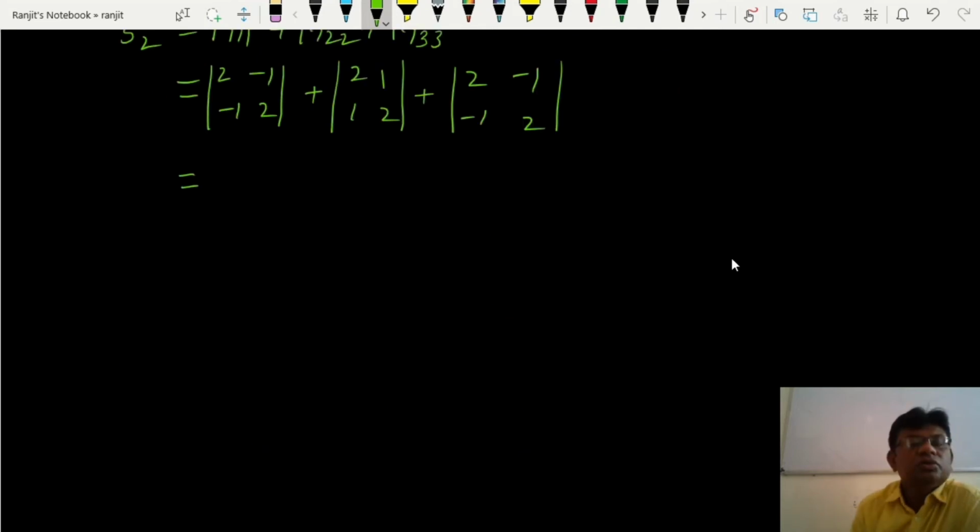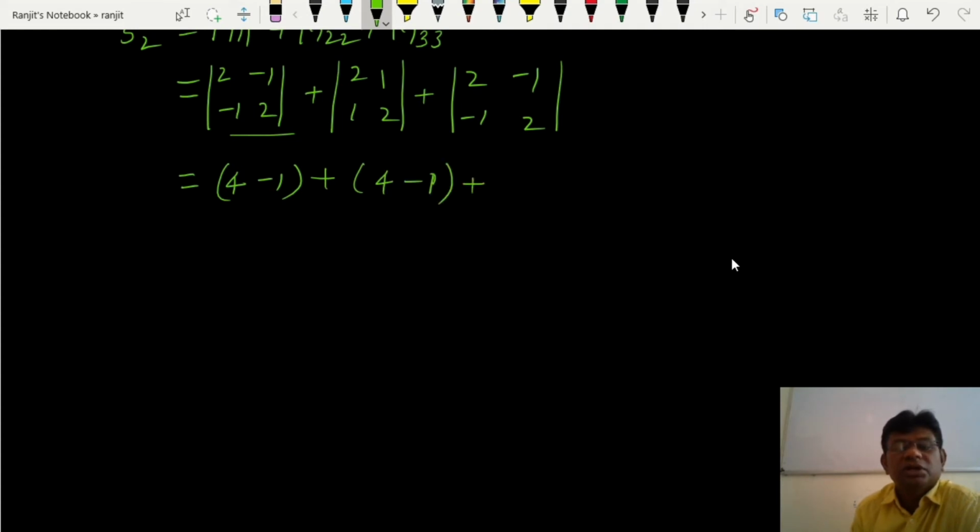This is equal to 4 minus 1, the expansion of this first determinant, plus again 4 minus 1, plus again 4 minus 1. So this answer is 3 plus 3 plus 3, means 9.